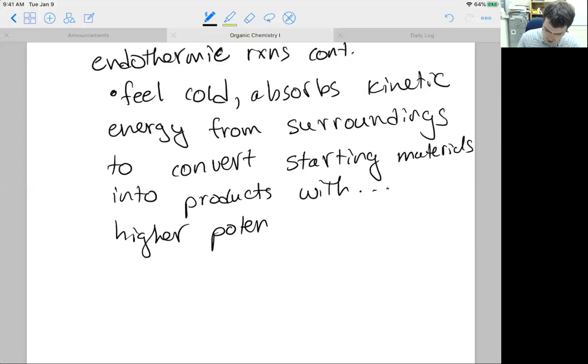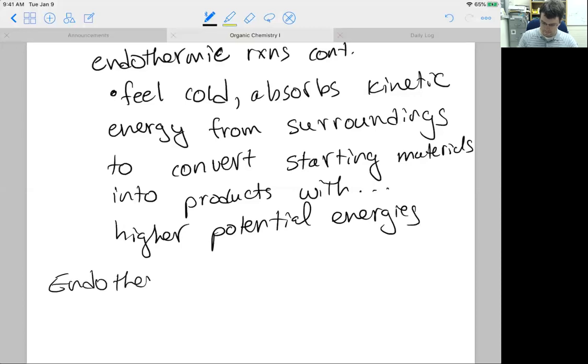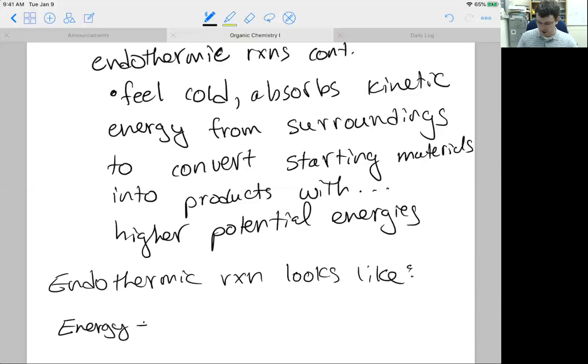So now we're forming products that have higher potential energies than the starting materials. So a chemical reaction that is endothermic looks like this. Before we had energy as product, here energy is now a starting material. We're absorbing energy from the surroundings and pumping it into our starting materials as we undergo a chemical reaction to make products.